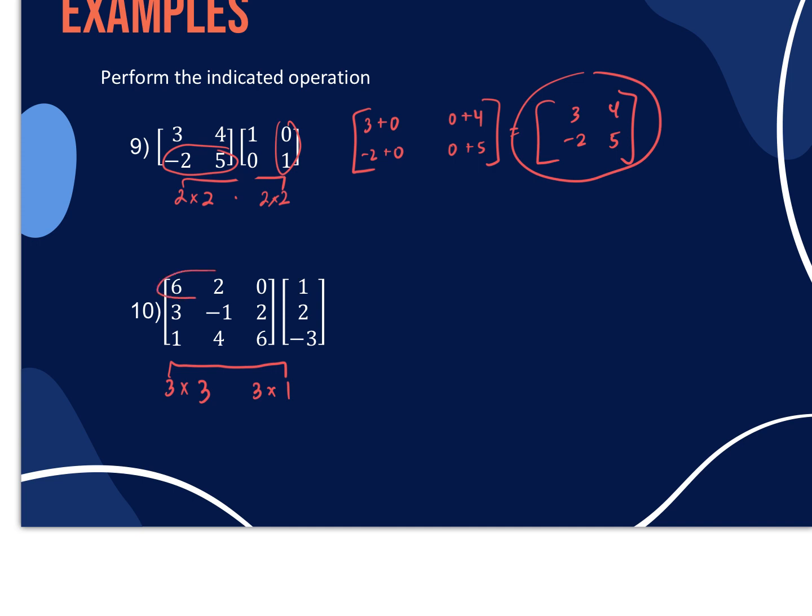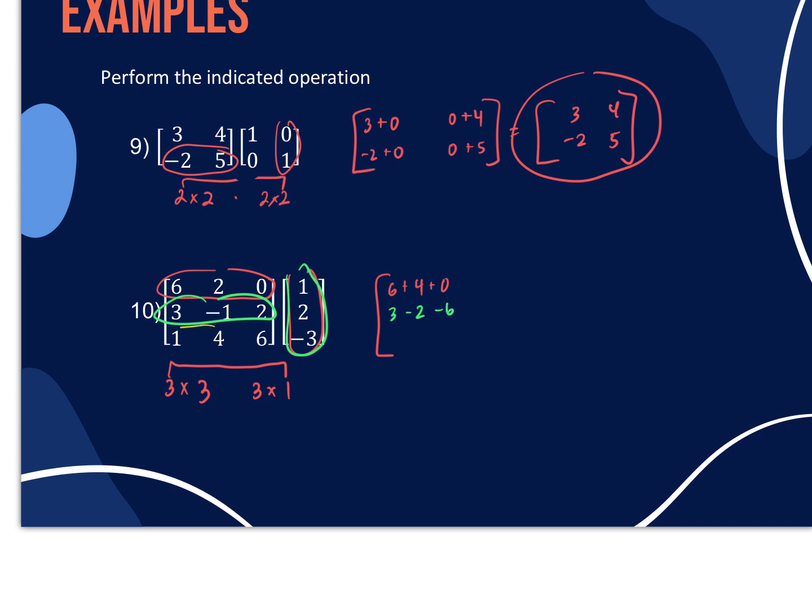So what I'm going to do is I'm going to take this row and this column, and I'm going to do 6 times 1 is 6, plus 2 times 2 is 4, plus 0 times negative 3 is 0, right? Then I go to the next row and this column, and I do 3 times 1 is 3, negative 1 times 2 is minus 2, and 2 times negative 3 is negative 6.